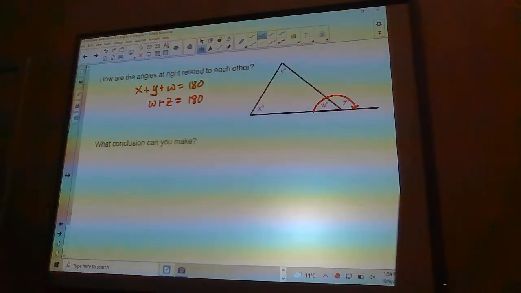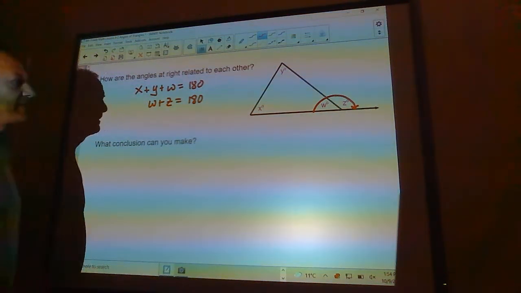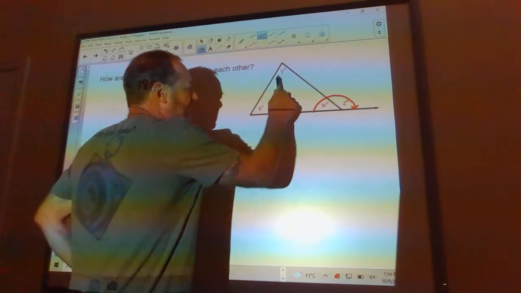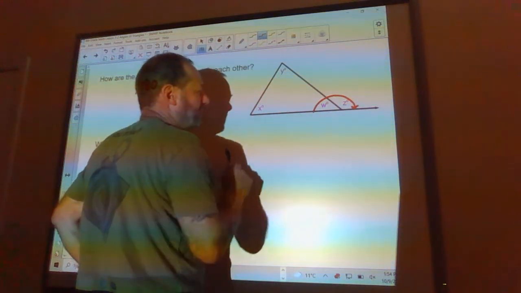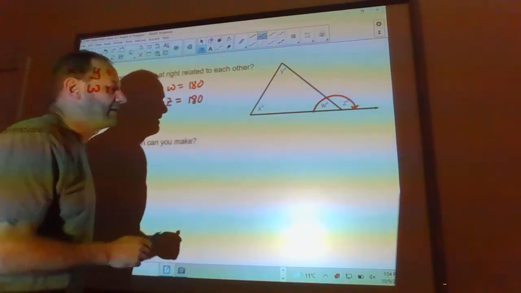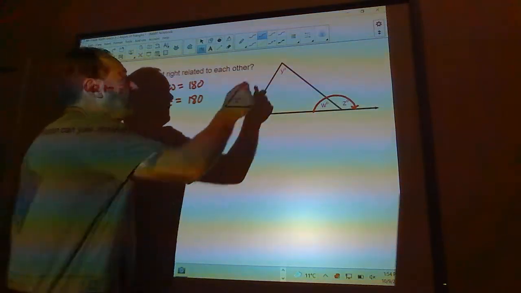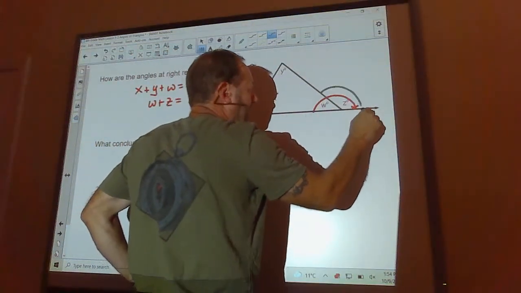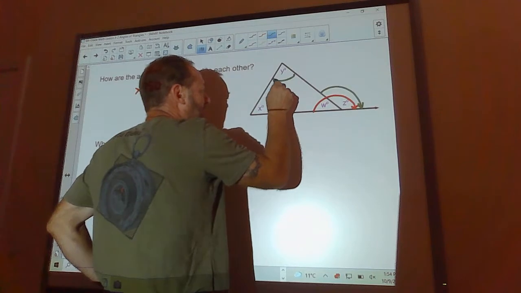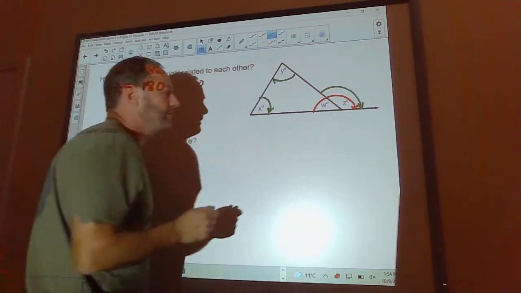Okay. So, what does that tell me? Well, that tells me this. If these three angles have to add up to 180, and these two angles have to add up to 180, then this angle right here has to equal that one plus that one.